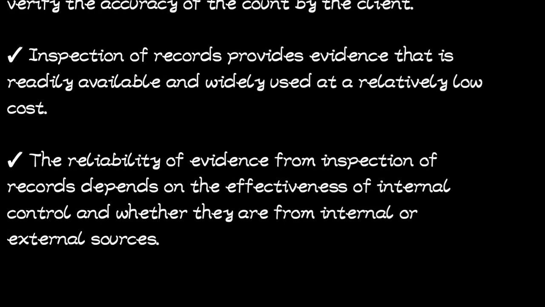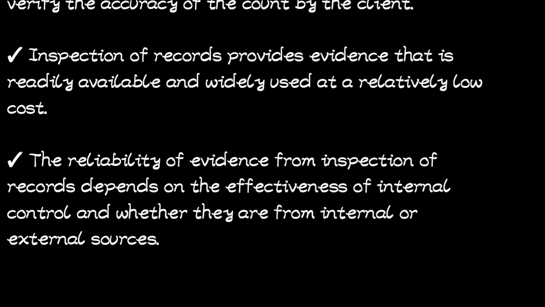So inspection of records provides evidence that is readily available and widely used at a relatively low cost. Because in case you decide to inspect the sales invoices that are already in the organization, you do not have to incur maybe transport costs or telephone costs. So it provides information that is readily available and at a low or no cost.